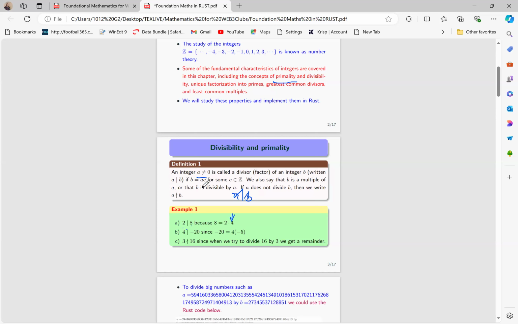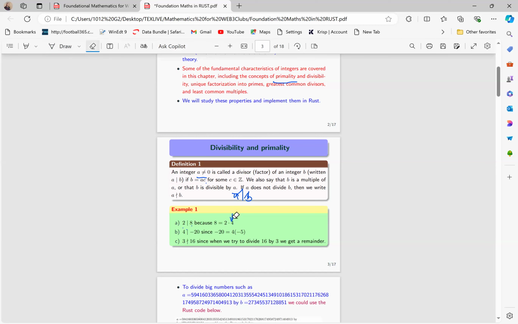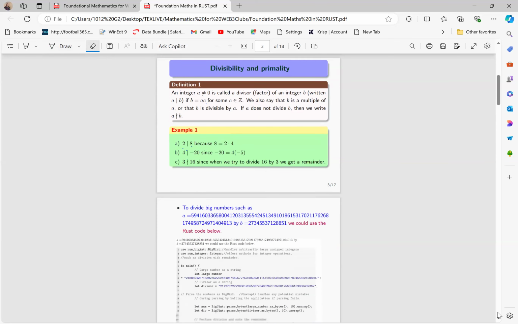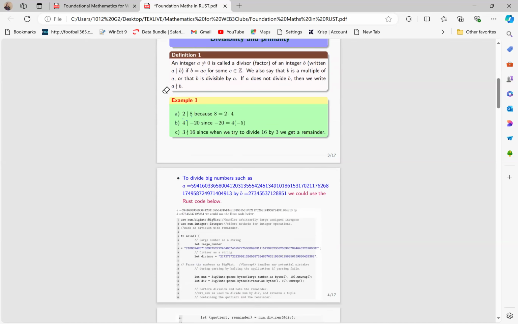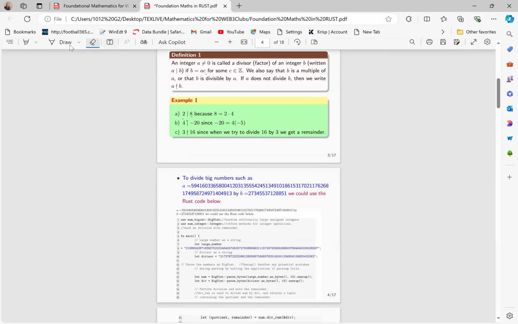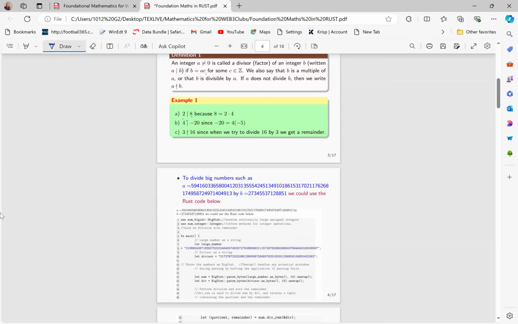And so we want to see if we have bigger numbers. So then I bring in the Rust code, if you have bigger numbers and want to divide. Of course, the ones we've looked at in this example 1 are smaller numbers, those ones a calculator can do. So suppose we are given a number like the one I have here.